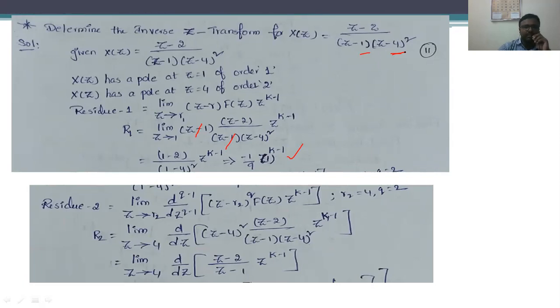This is the formula: limit z tends to R2, d power q minus 1 divided by dz power q minus 1 into (z minus R2) whole power q into f of z into z power k minus 1, where R2 is the repeated pole and q is the order of the pole, that is, how many times it is repeated.